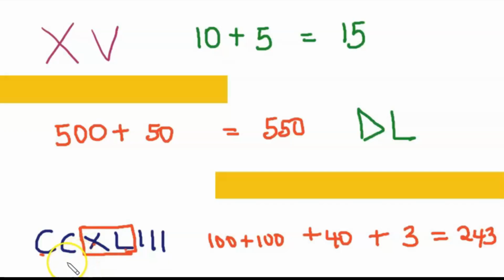No, because a smaller letter after C, yes, means that you add it together, but you already have a smaller letter before a bigger one. So we read as we go from left to right, right? As you move that way, when you see a smaller letter before a bigger letter, just subtract it.